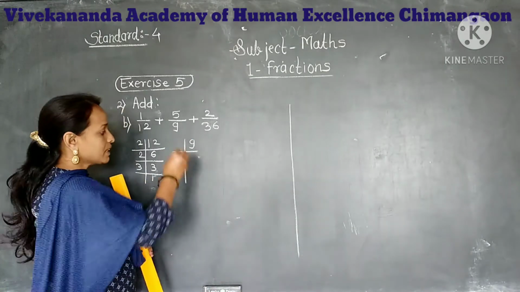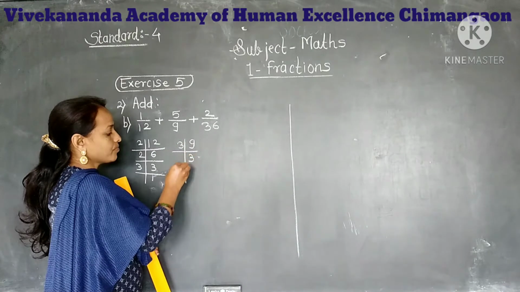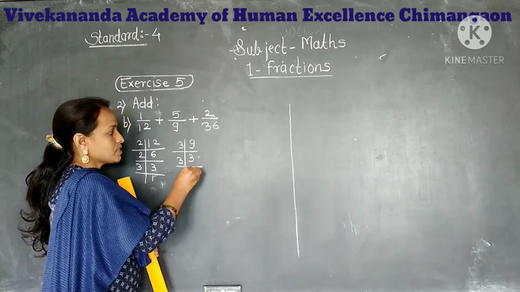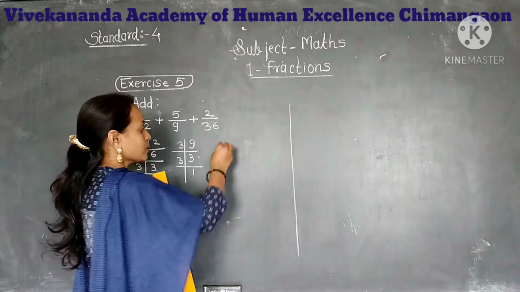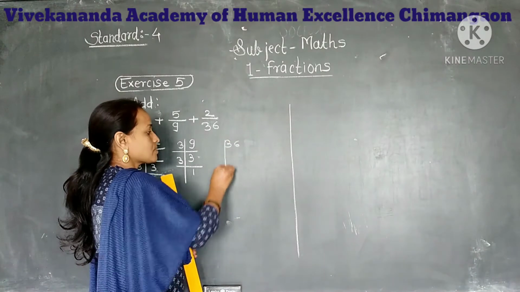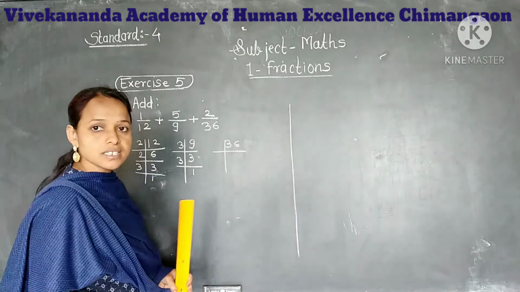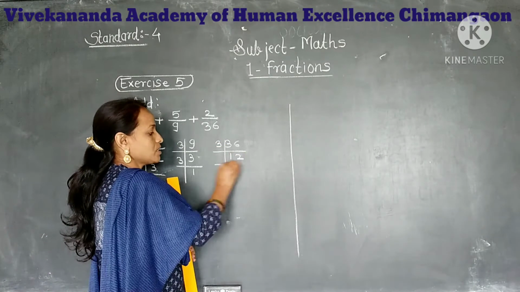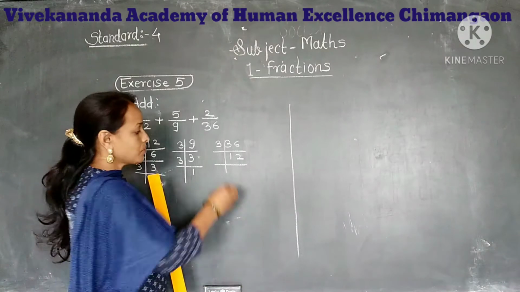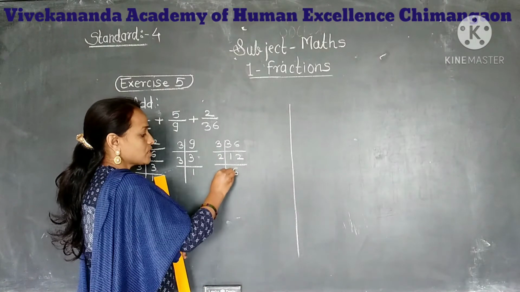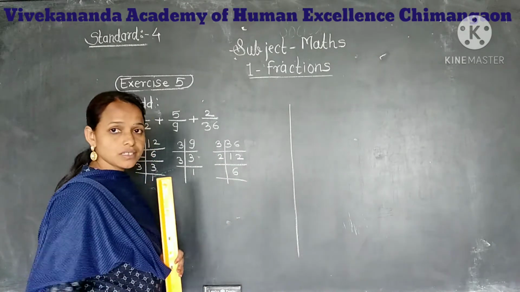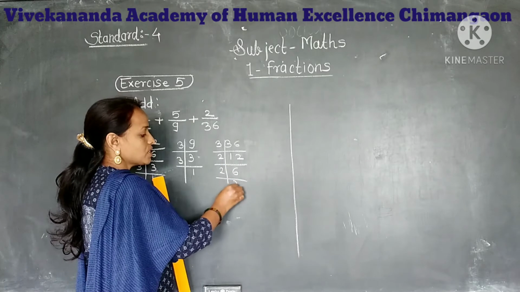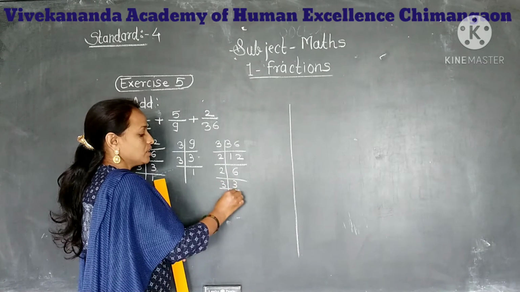Next 9. 9 is divisible by 3. 3 3s are 9. And 3 1s are 3. 36. 36 is divisible by 3. 3 1s are 3, 3 2s are 6. 12 is divisible by 2. 2 6s are 12. 6 is divisible by 2. 2 3s are 6 and 3 1s are 3.